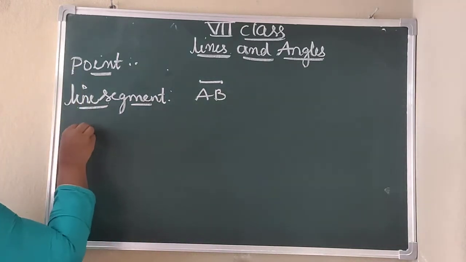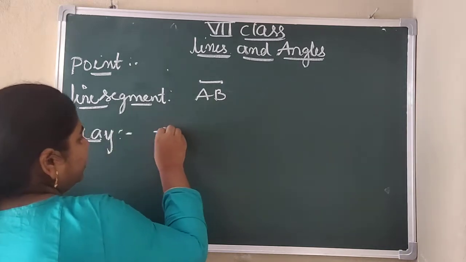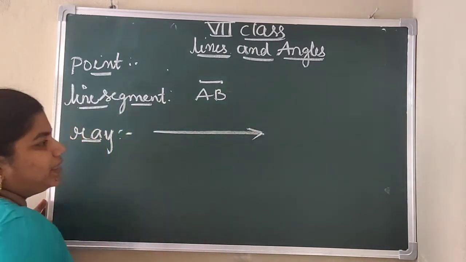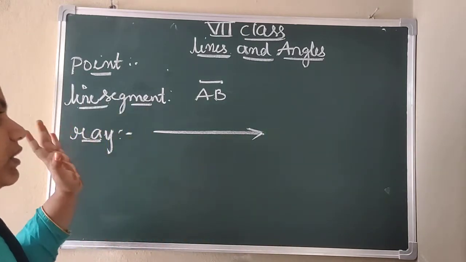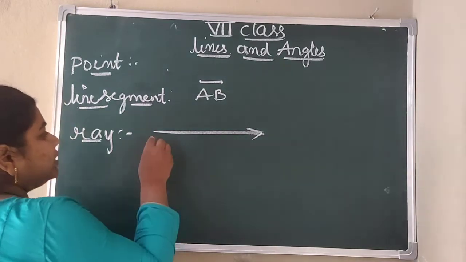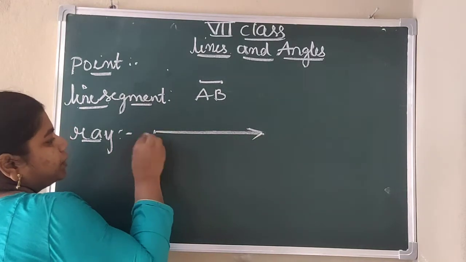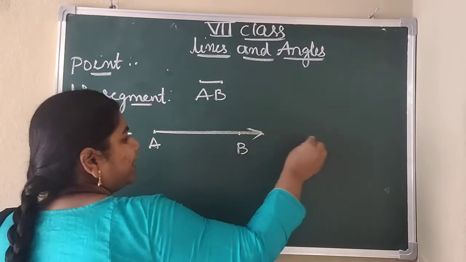Next is ray. What do you mean by ray? Ray means it will be extending only from one side, not from the other side. From two sides it will not extend; only from one side it will keep extending, and it has one end point. This A is an end point. From B it is going on extending.